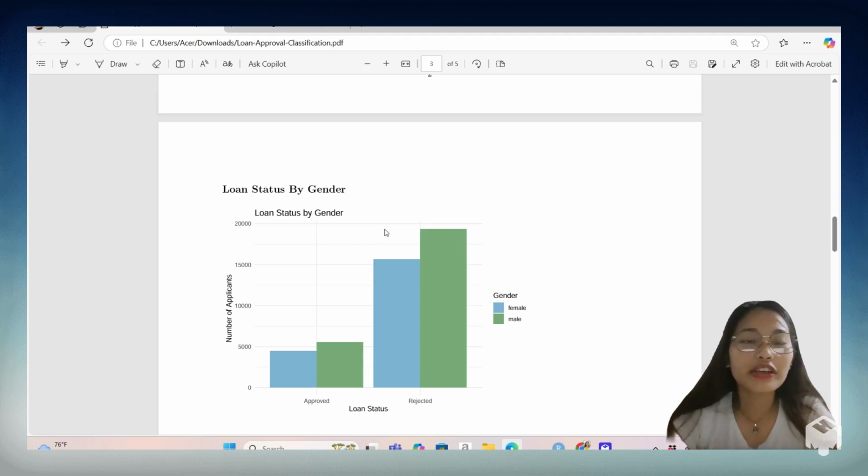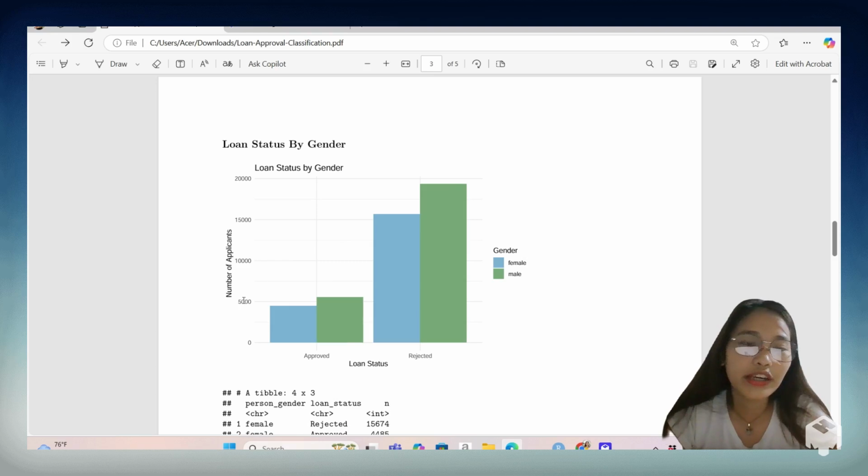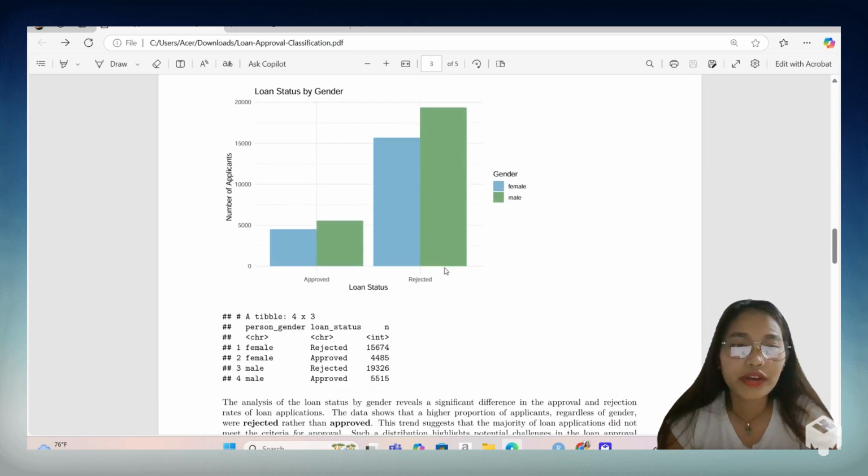Next we have the loan status by gender. In the x-axis we have the number of applicants, and in the y-axis we have the loan status. The colors in this bar graph represent the gender. I have mutated the loan status because 0 represents rejected and 1 represents approved.